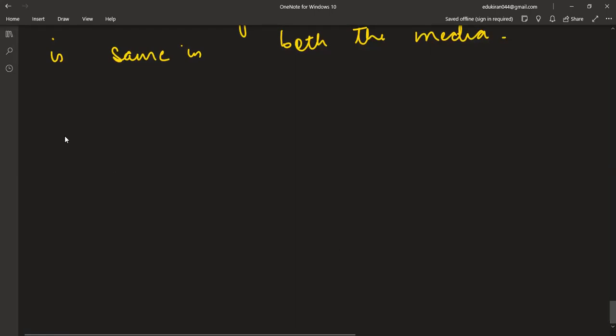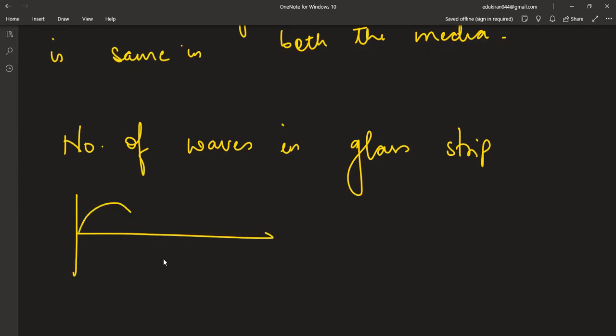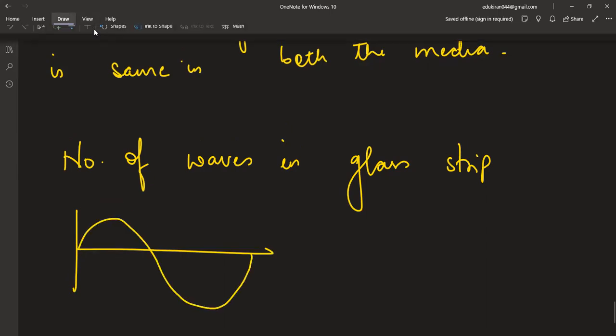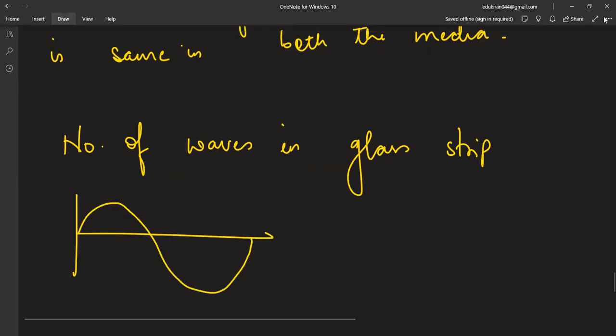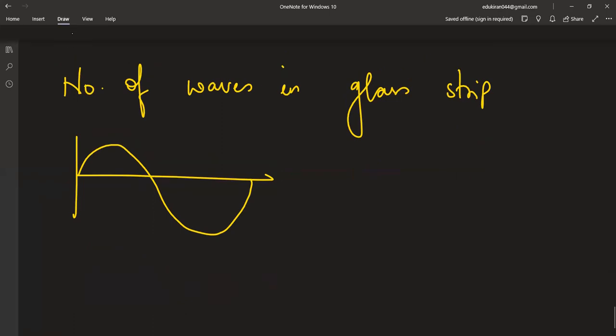When we are talking about the number of waves in the glass strip, what would the number of waves be equal to? See, what's a wavelength? If this is a wave, pay attention to this class. Your previous doubt will also be repeated. See, suppose this is a wave.